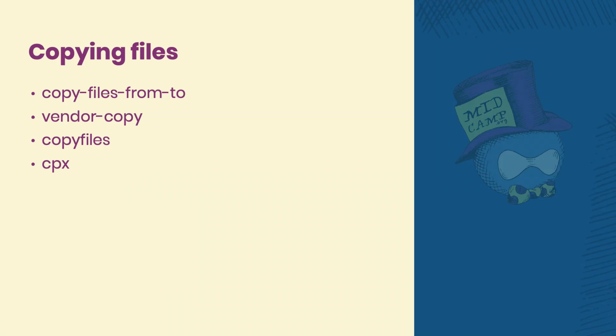I looked at the Midcamp theme, and this vendor copy library is actually being used to copy front-end assets, asset libraries from one directory to another in the Midcamp theme. My preference is copy files from two. That's the one that has worked best for me, and when I get to the demo part, I'll show how that works.